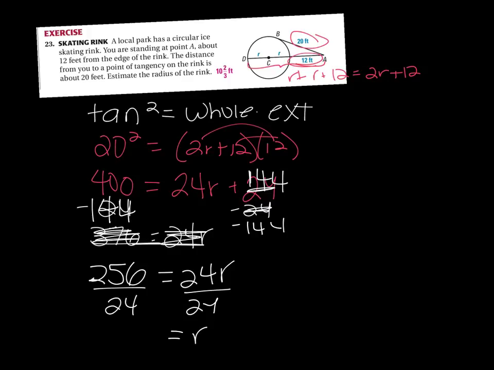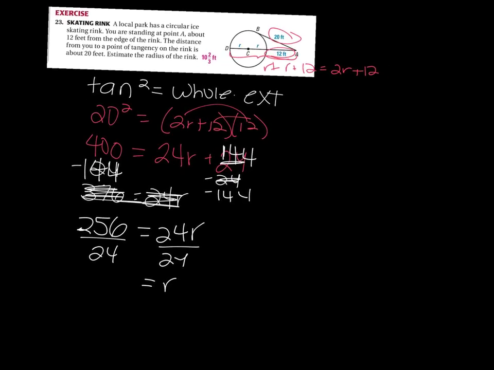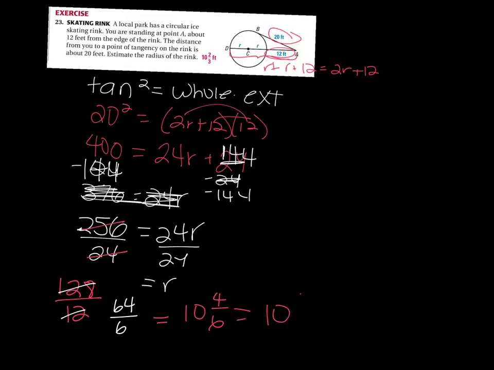And it doesn't go in evenly, so I'm going to reduce it, right? Because 24 doesn't go in evenly into 256. So I can either start to reduce it, right? I know 2 is divisible, 128 over 12. I can go again. 64 over 6. And then divide that. 64 divided by 6 is 10 and 4/6, which is 10 and 2/3.